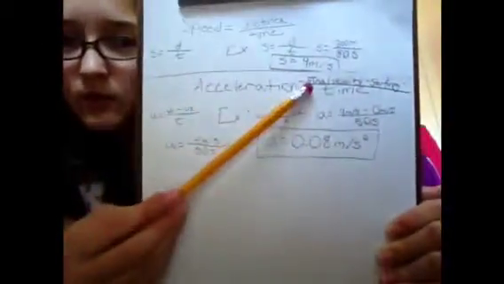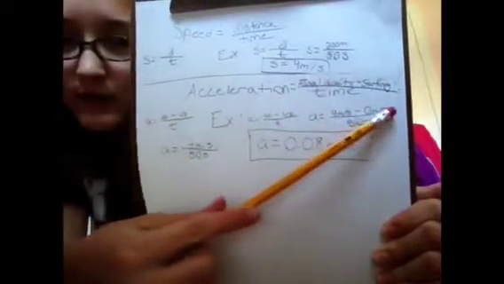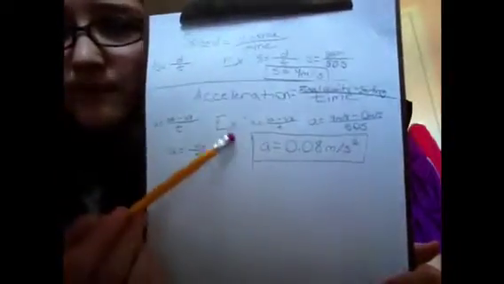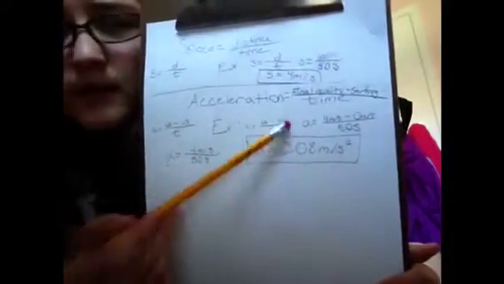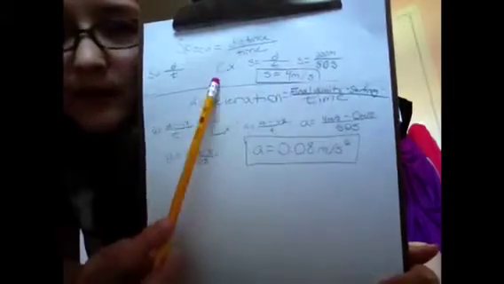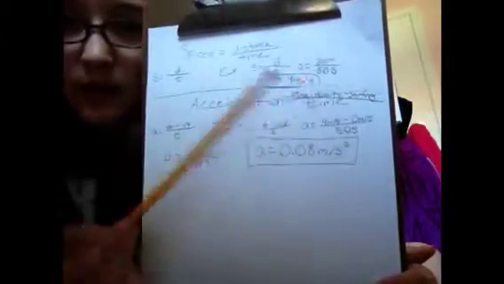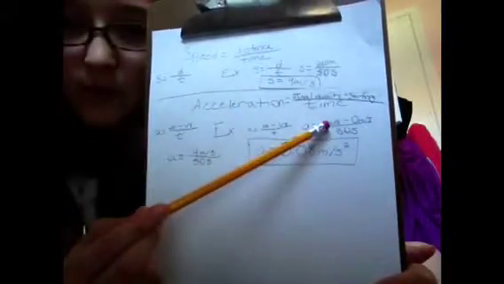Now, say you wanted to know how fast you were accelerating through the race. Well, acceleration equals final velocity minus starting velocity divided by time. So, in our example, our final velocity was our speed, 4 meters per second.